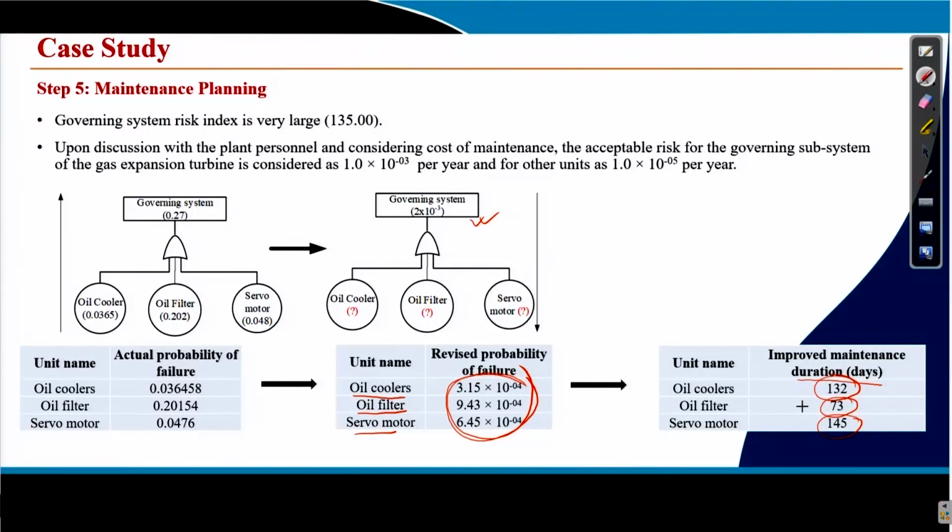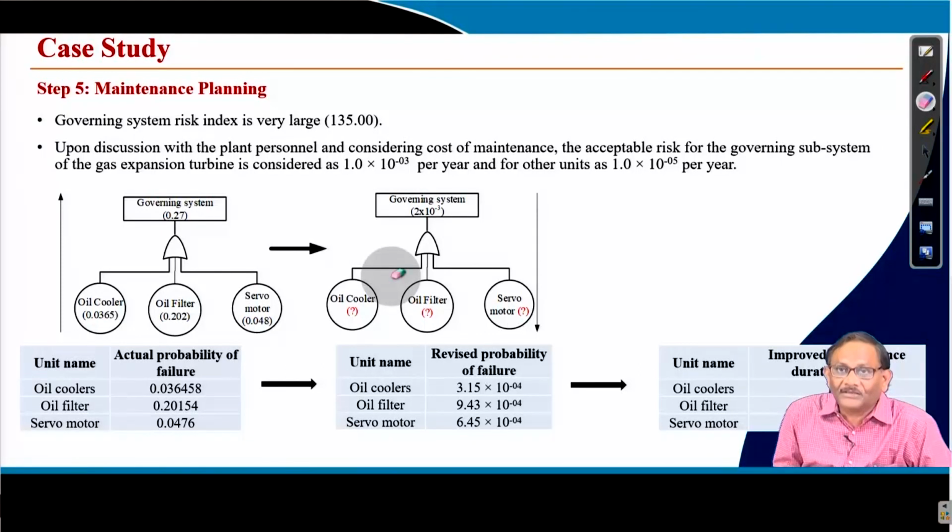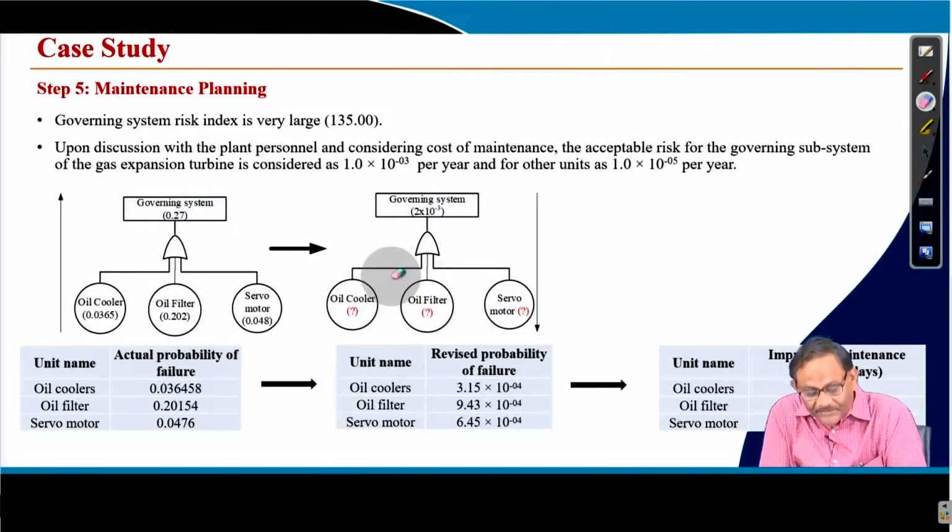Again, let me put the caution to all of you that this is a theoretical exercise. Obviously, we have taken the information from the real plant. We talked to the plant personnel, and they have verified the results, and they are satisfied.